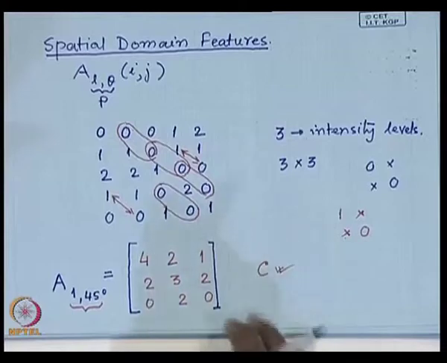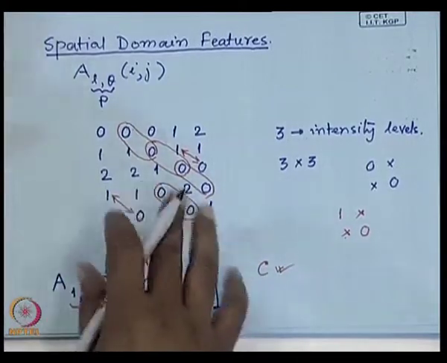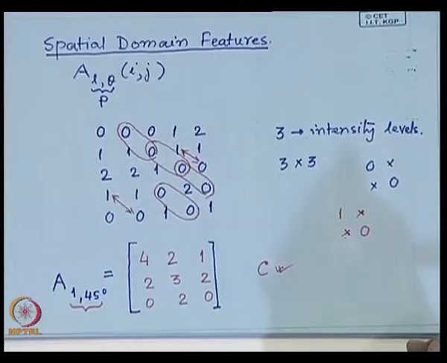Now, what information do you get from this co-occurrence matrix, because you are looking for the intensity pairs which occur within the image following some position parameter? It gives you various information like what is the regularity, what is the interval at which the different intensity pairs occur. Okay. So, various such information can be obtained from the co-occurrence matrix, and the kind of features which are computed from the co-occurrence matrix are given by this.